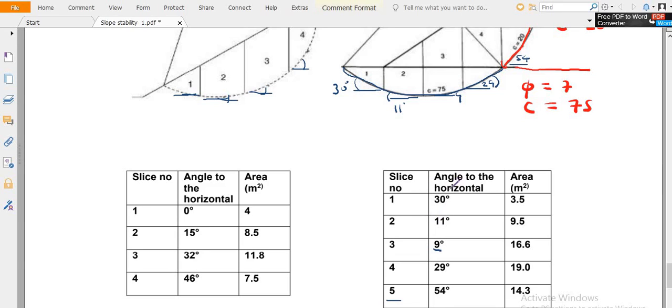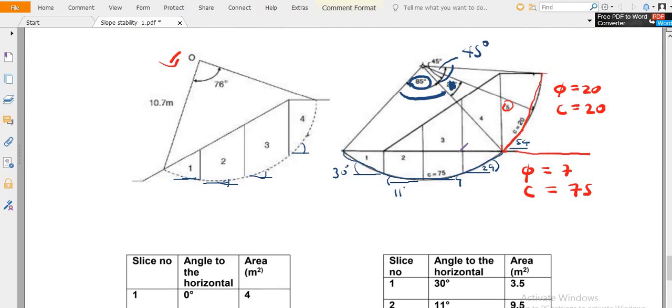So why is it important? Because consider this is going to slide in this direction, and these slices have their own weights, W1, W2, and due to this there is a component in this direction, that is T. So T1 and T2.